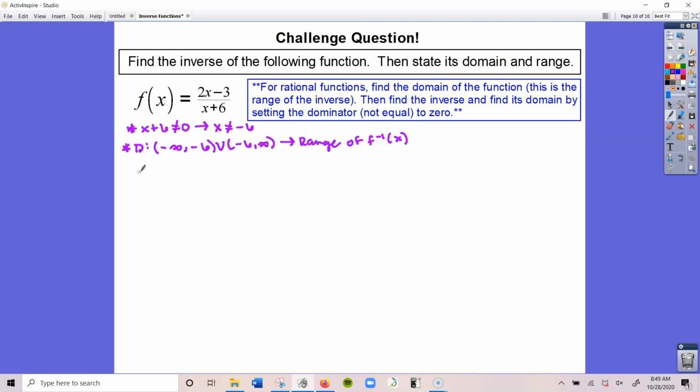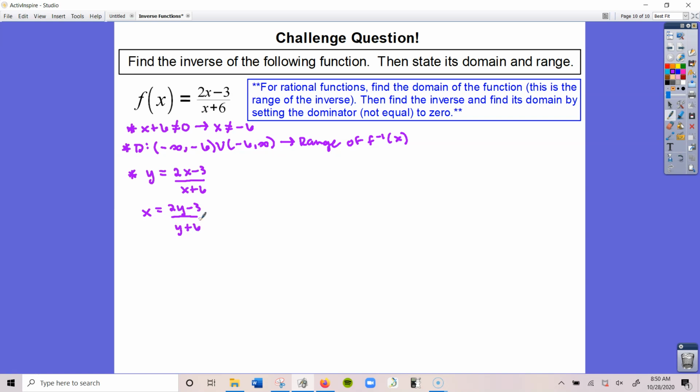Let's go ahead now and find the inverse function. So y equals 2x minus 3 over x plus 6. Remember, we switch places, so x is equal to 2y minus 3 over y plus 6. And this is the same type of problem we did earlier.